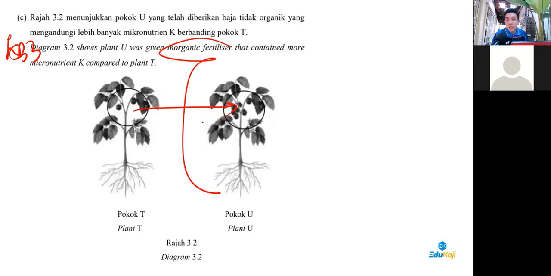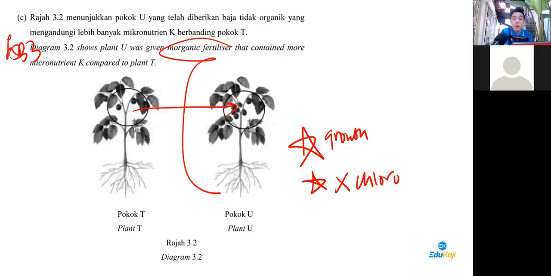Besides fruit production, I always tell students, when it comes to this topic, when you use points like growth, prevent chlorosis, you will normally get marks. So if I were you, I'll go with these 3 points.